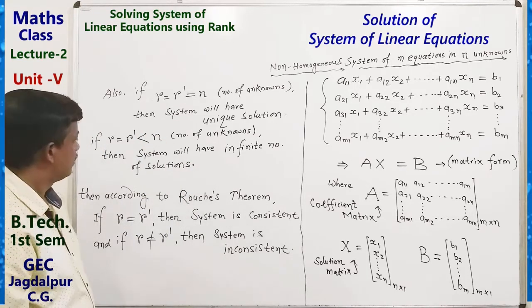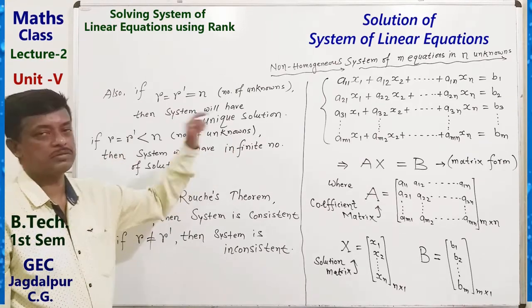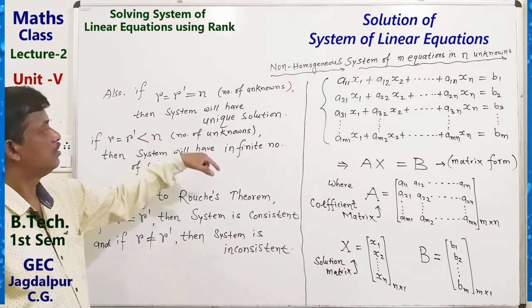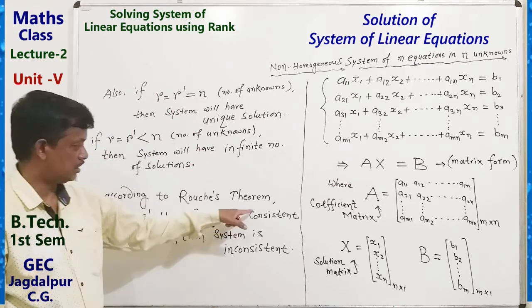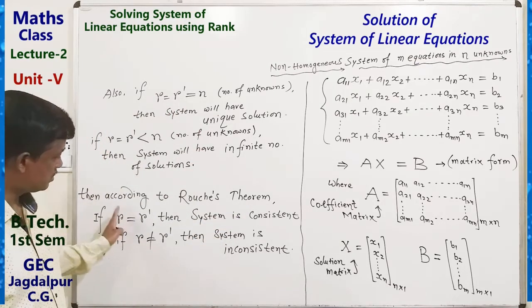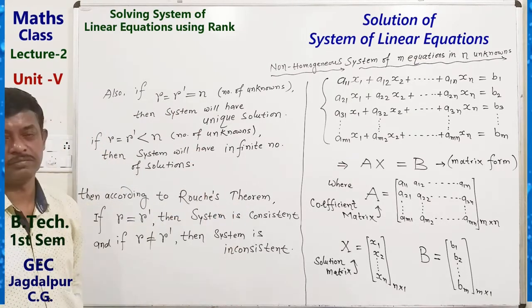Clear? If rank is less than n, infinite number of solutions. If rank is equal to n, unique solution, in the case of consistent. So this is due to Roche's theorem.